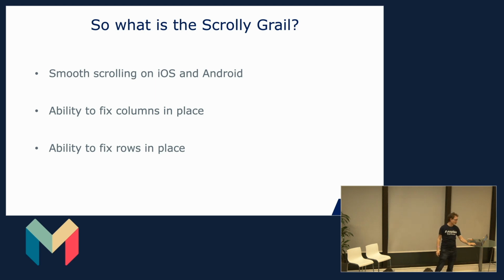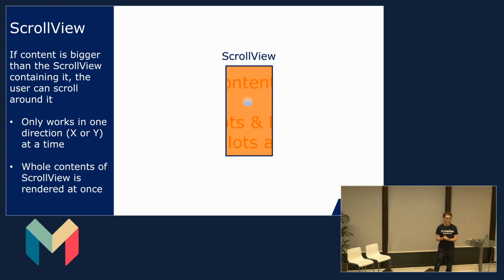I'm going to quickly run through a couple of core components in React Native that you might choose to try and use to build up something like this. One of those is a ScrollView. It's pretty much spelled out there: if the content's bigger than the scroll view, it lets you scroll. Magic, great. Sounds like it does exactly what you want, but there are some limitations. You can only scroll in one direction at a time, so I can only have a scroll view that scrolls in the x-axis or the y-axis.